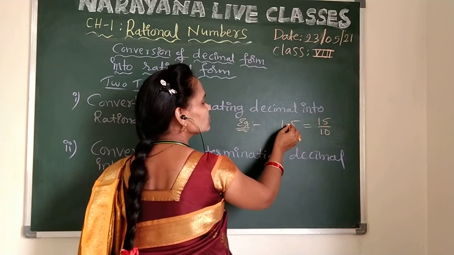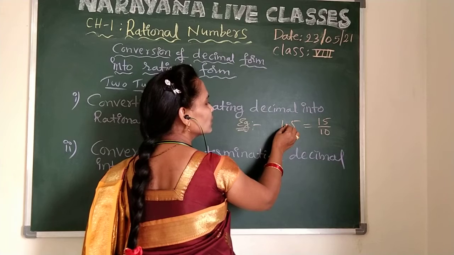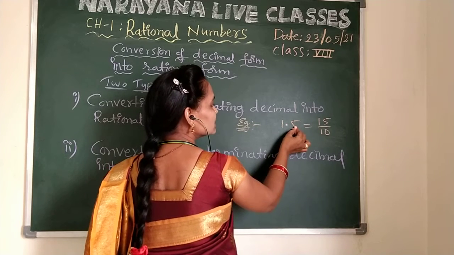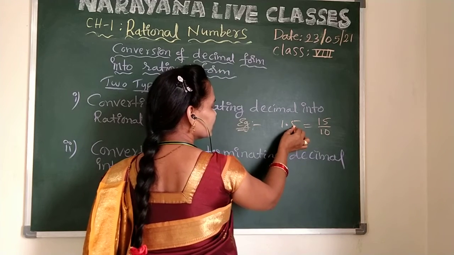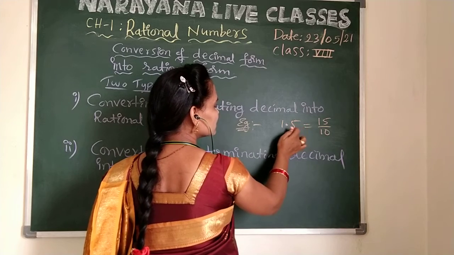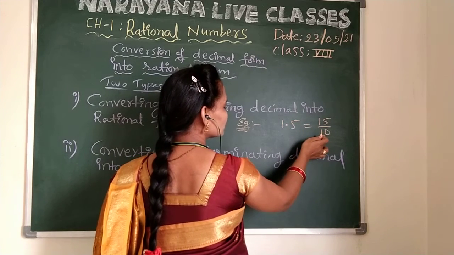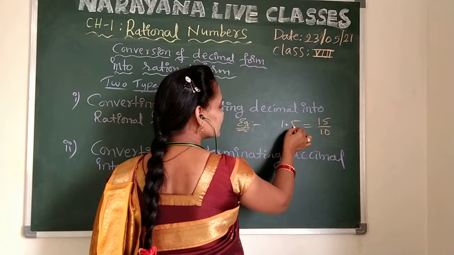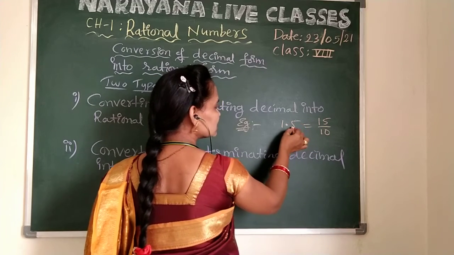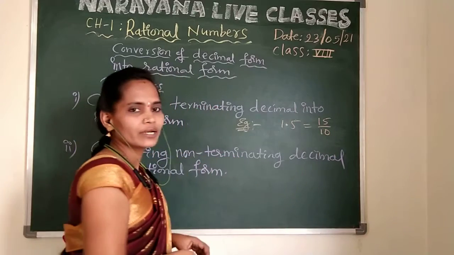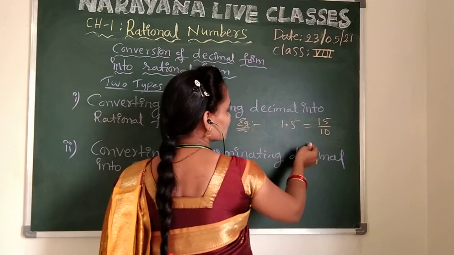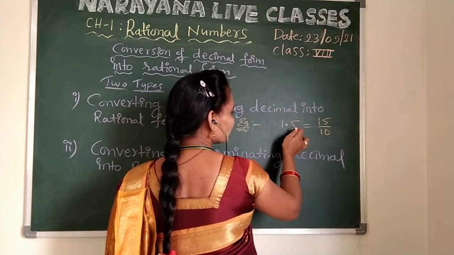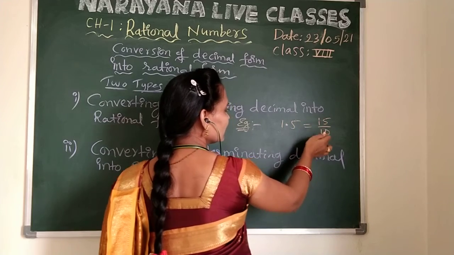Very simple, just remove the decimal point, and however many digits are there on the right side, that many zeros we need to write in the denominator. After the decimal point only one digit is there, so the denominator should be 10. So 1.5 will become 15 by 10.